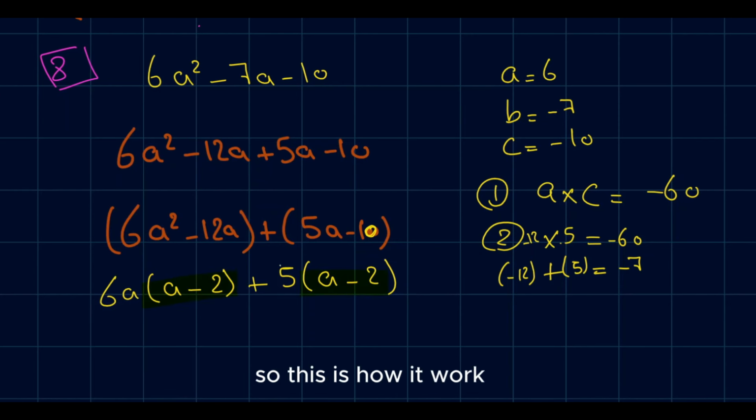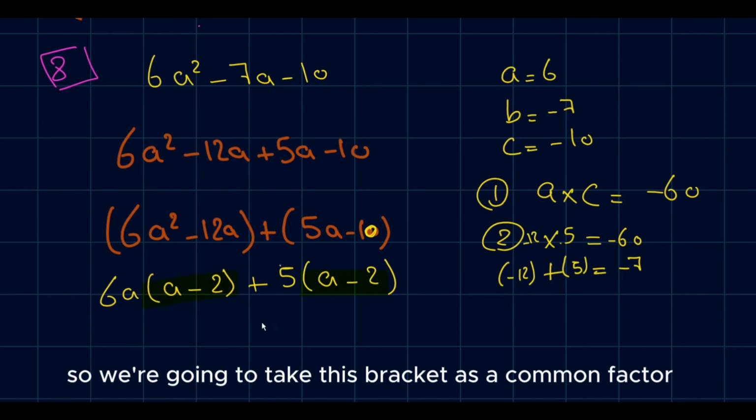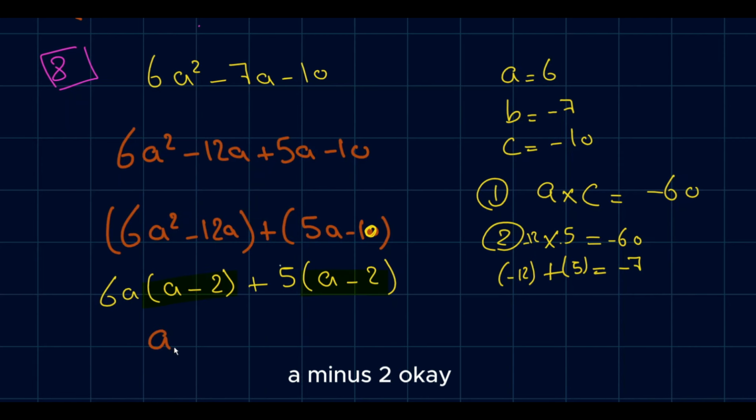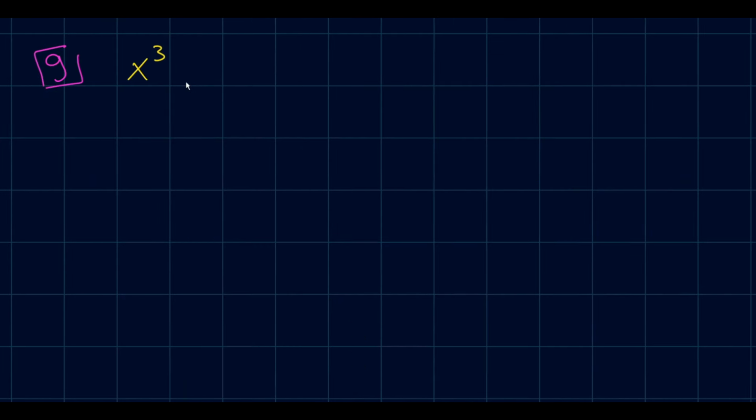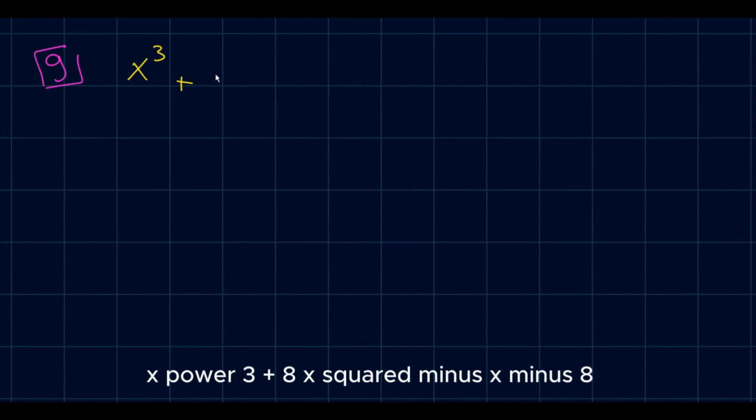So this is how it works. We're gonna take this bracket as a common factor, a minus 2, okay? And then multiply by 6a plus 5. And that's it. Done.